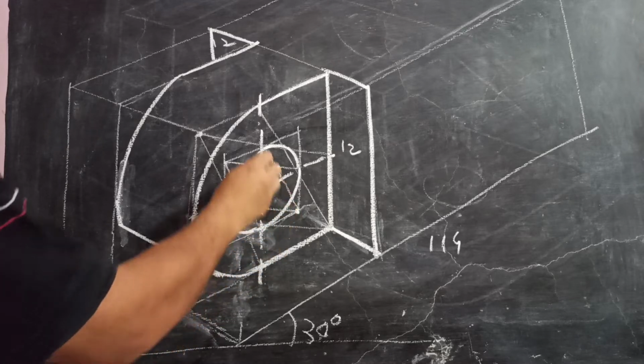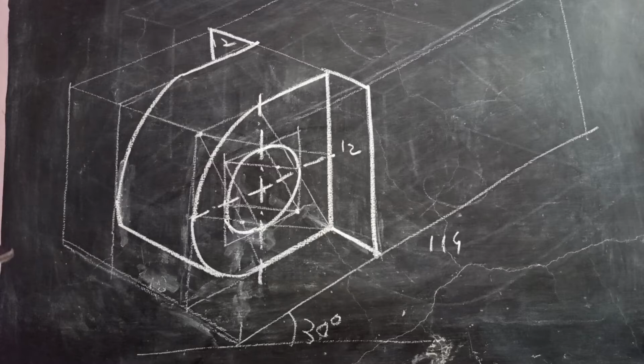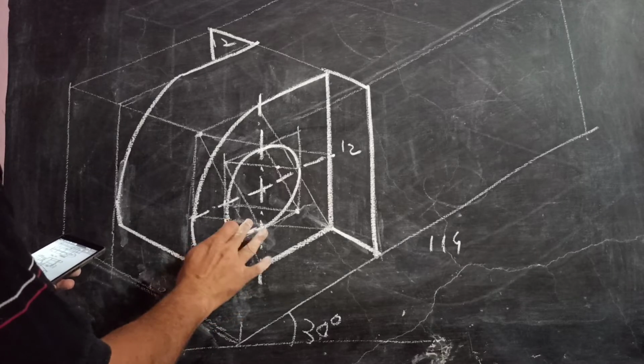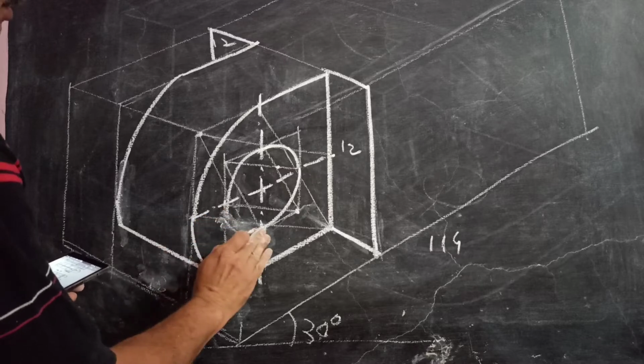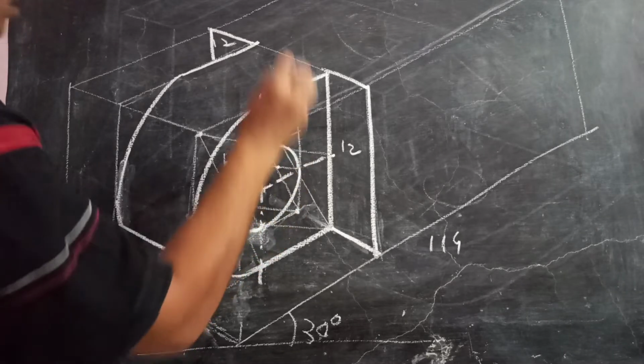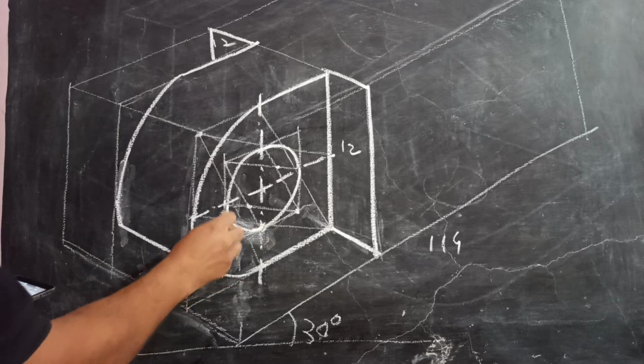You can take this as center and you can complete this like this. Oh, it is not like this. You can take this as center. So this is the circle inside. This is the rhombus.